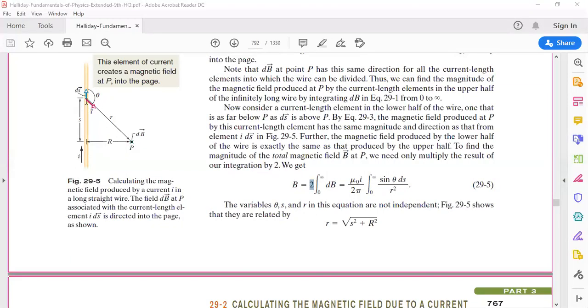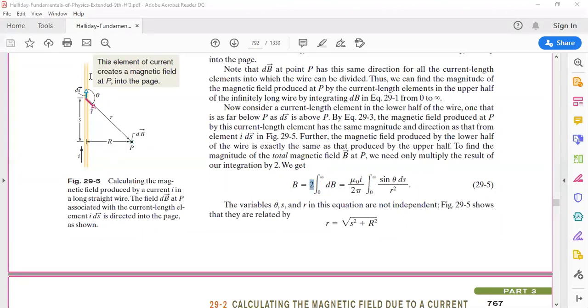Symmetry means, because the wire is straight and has uniform current, just like this segment ds, there will be another element on the downside from that point P. Due to both of these, this element ds and a similar one on the other side of the wire, just like a mirror image.